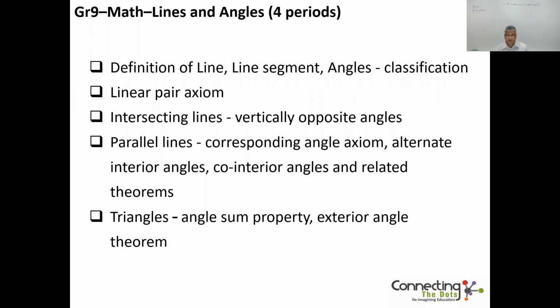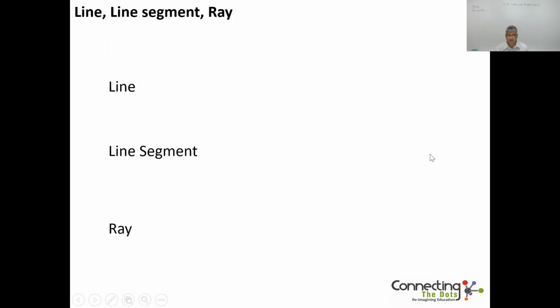Okay, so let's start with what is a line, segment, or ray. When we say line, what comes to your mind? A straight line, right? So what is then a line segment? There is a difference between line and line segment, and let's see that.